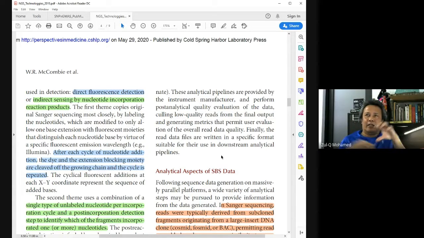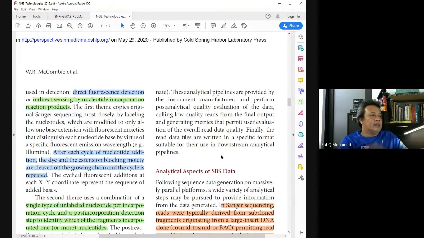Instead of reading each nucleotide, you put in A, then T, then G, then C in sequence, and see which one triggers the production of a byproduct, say pyrophosphate. If you put A, nothing happens. G, nothing happens. You put T, then you can see pyrophosphate, meaning T has been added. So this is indirect detection.